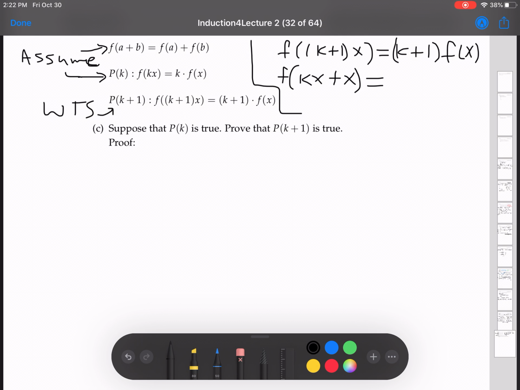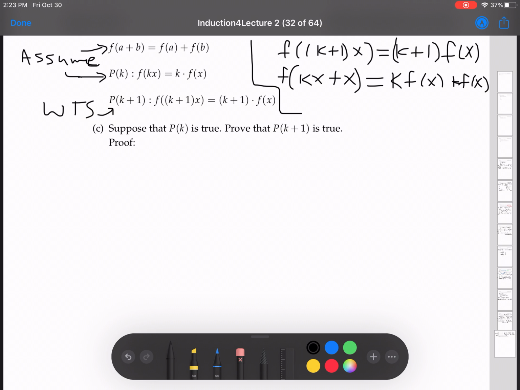K plus 1 times f of x is k f of x plus f of x. So right there, all I've done so far is just use the distributive property. I haven't used either of the assumptions yet.